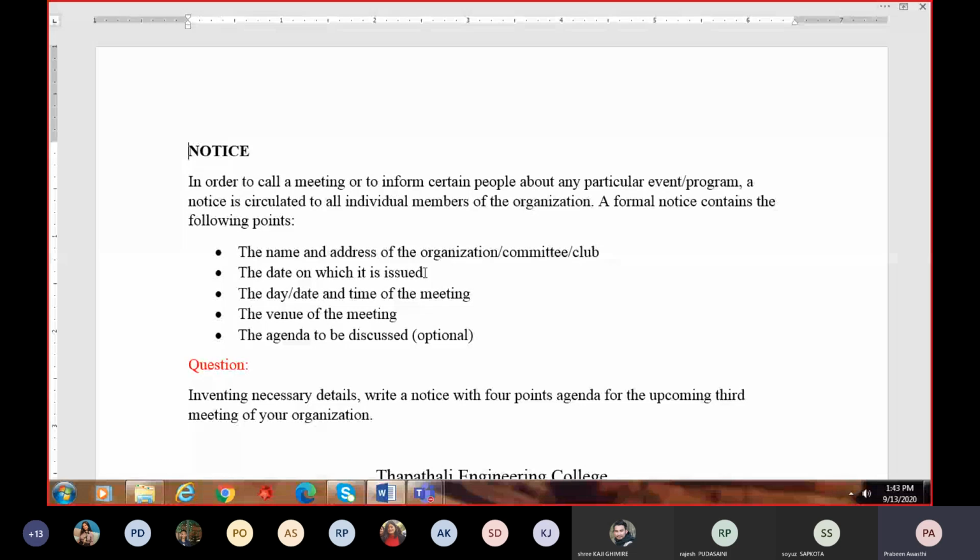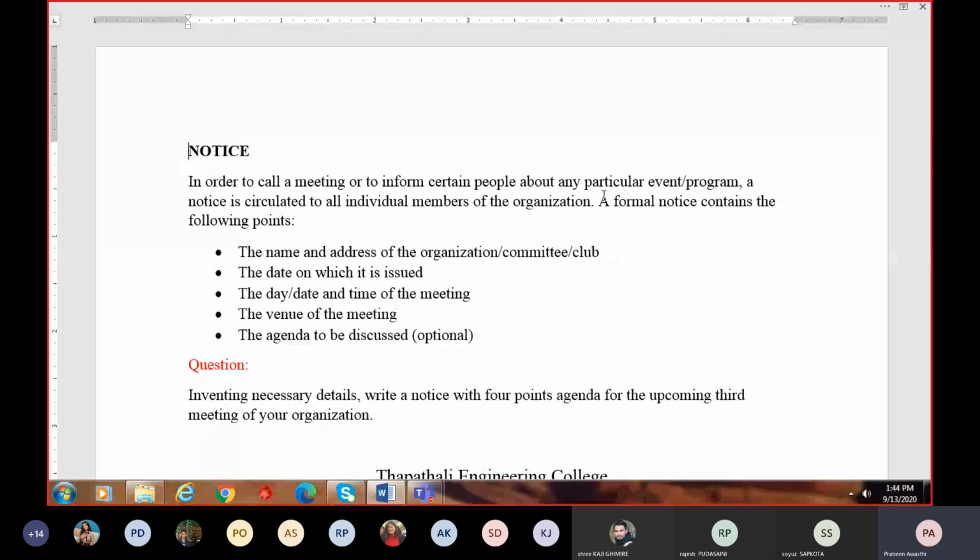Otherwise you write notice for different purposes. In order to call a meeting or to inform certain people about any particular event or program, a notice is circulated to all individual members of the organization. Most of the time notice is used in the organization, and it is circulated outside the organization too.